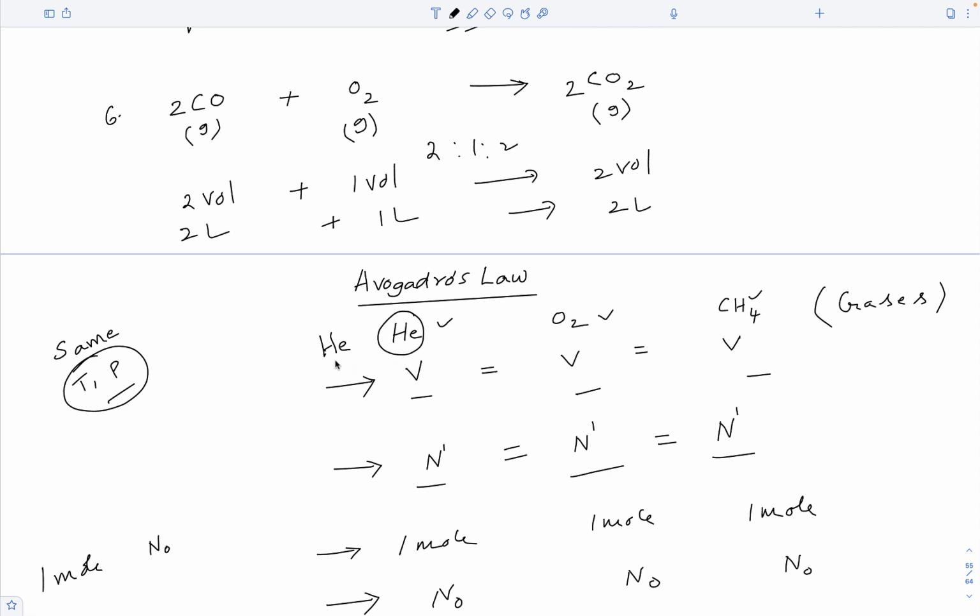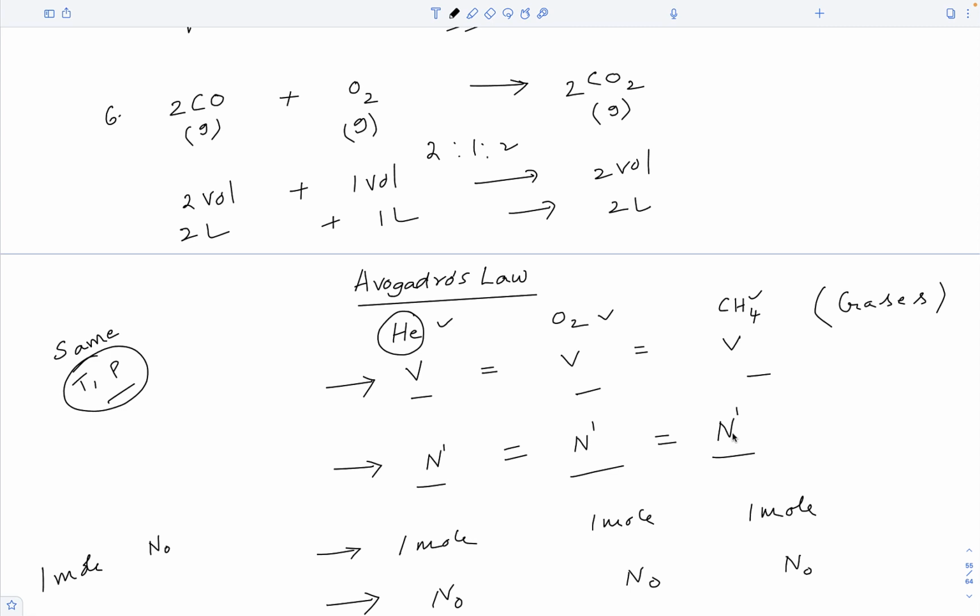But we can treat a helium atom as a helium molecule that is composed of only one atom. And we are not violating any rules by treating a helium atom as a monoatomic molecule.